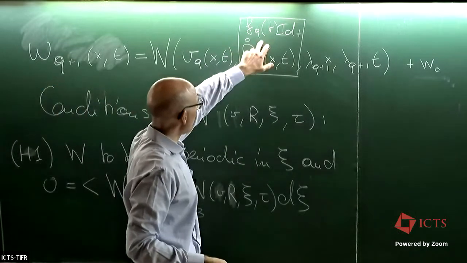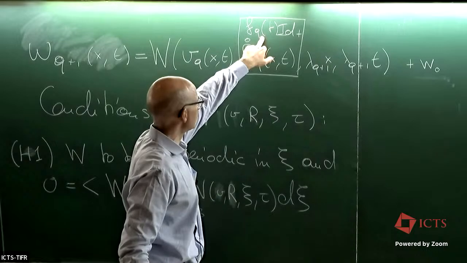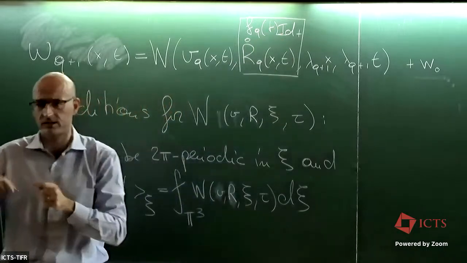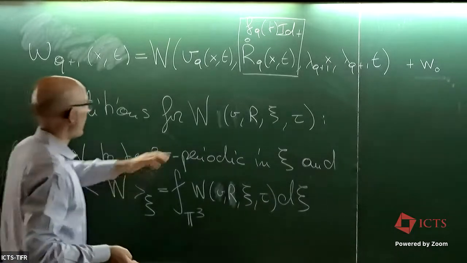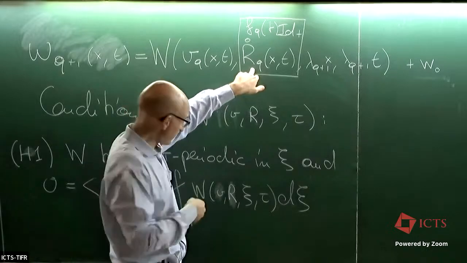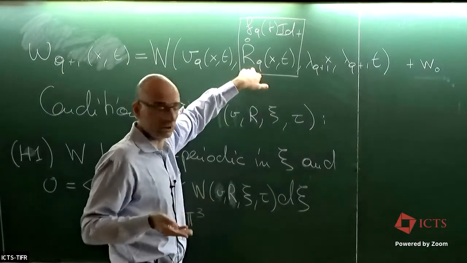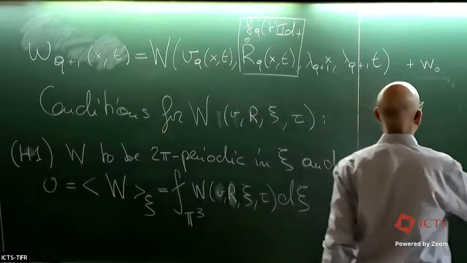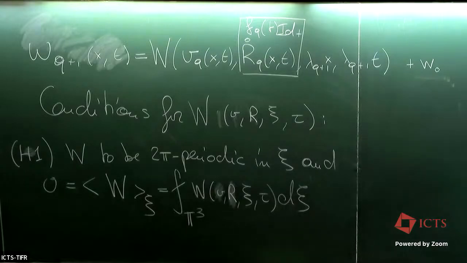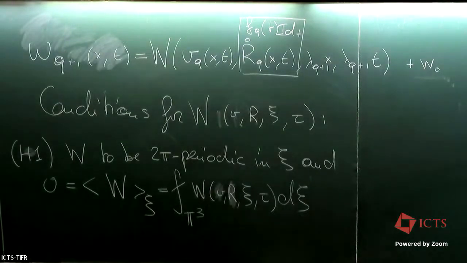Remember we discussed this function of time times the identity. This is the degree of freedom that we add to adjust the energy. And the reason why we want to add this is because this guy is trace free. We will not be able to solve the next equation I'm going to write because of some convexity. So this is the next condition that I want: the average of w tensor w in psi should be equal to r.